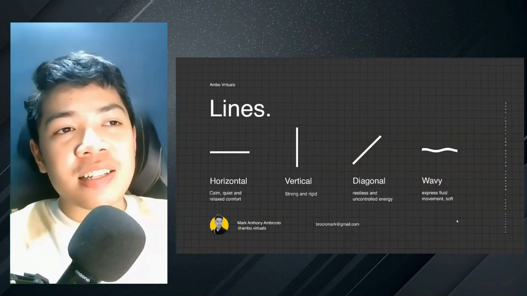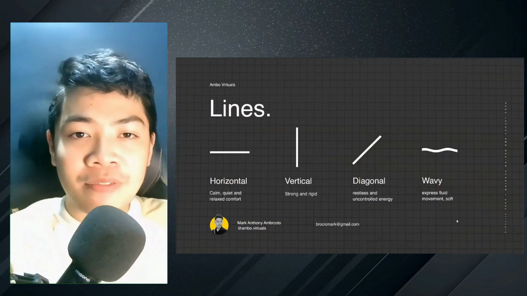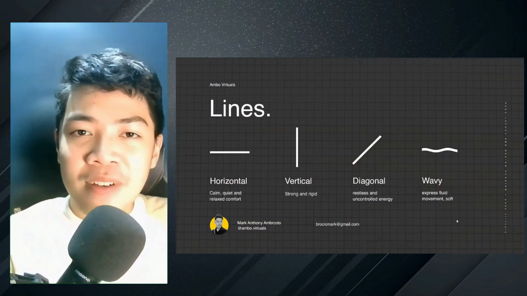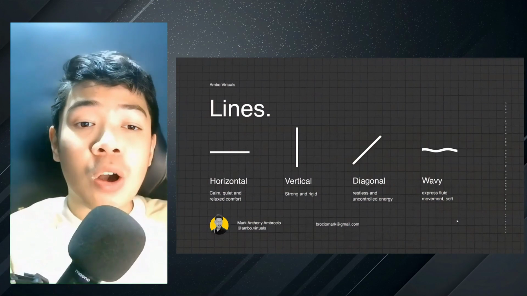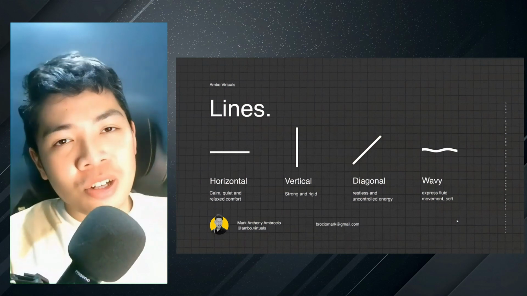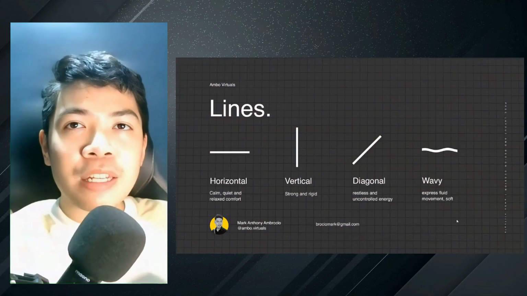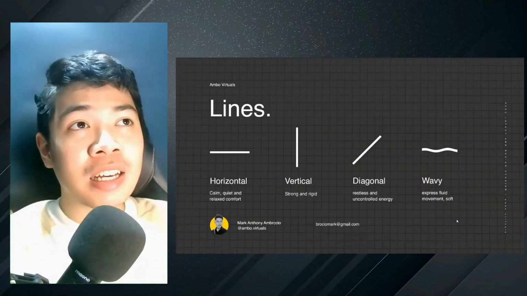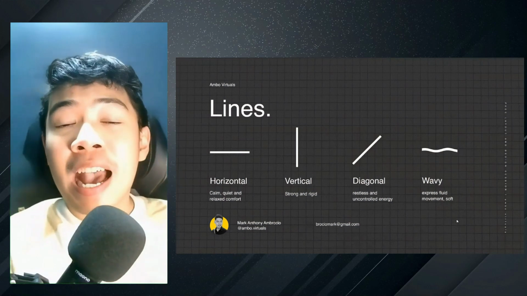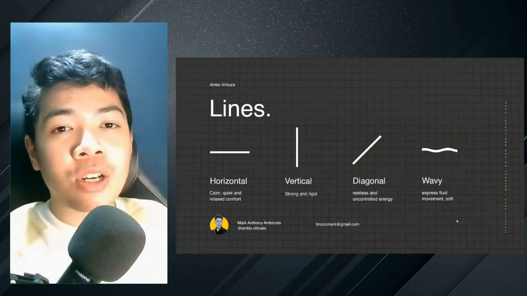Wavy lines impart a sense of rhythm and vitality to a design, inviting the viewer to follow along their path, right? So, psychologically speaking, lines are defined in such ways that it is connected to how we see nature. And that's how it's symbolized through the lines.